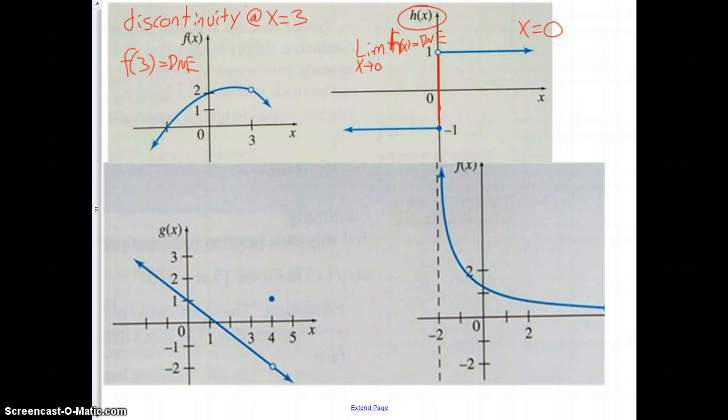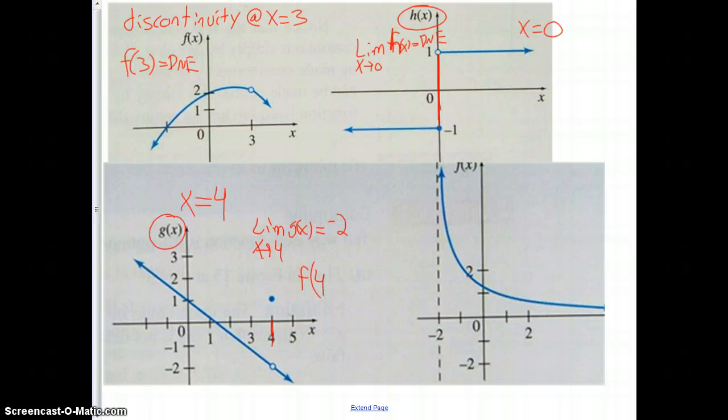All right, looking at the bottom left graph, this function g of x, you can see there is a hole in the graph here. It happens at an x value of 4, so the discontinuity will be at x equals 4. But the reasoning is the limit of this function, this is g of x, as x approaches 4, that limit is -2, so the limit exists, but here's the kicker.